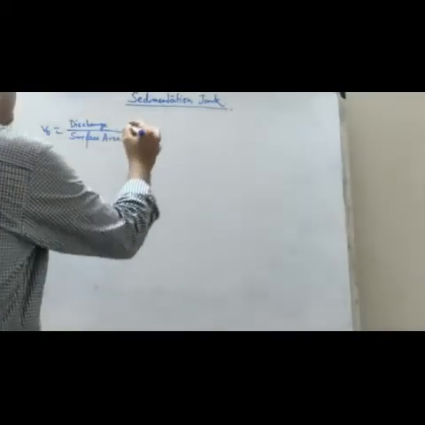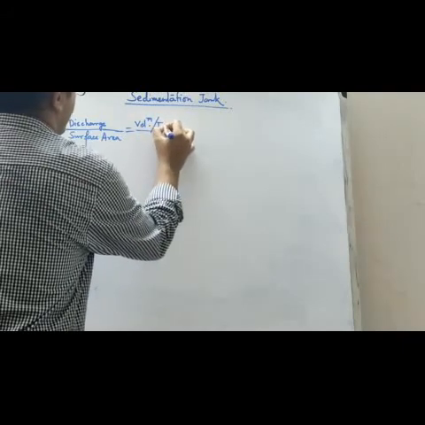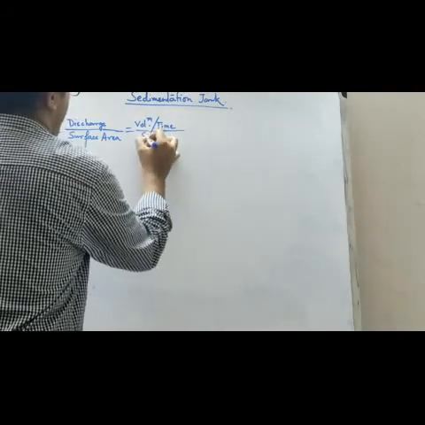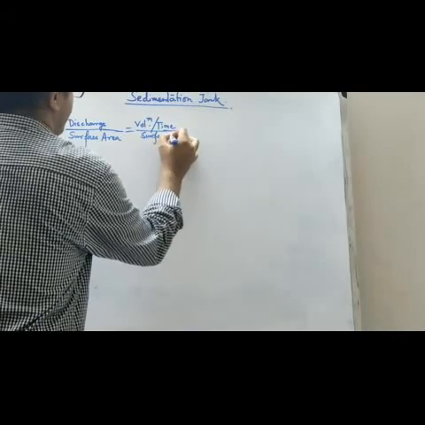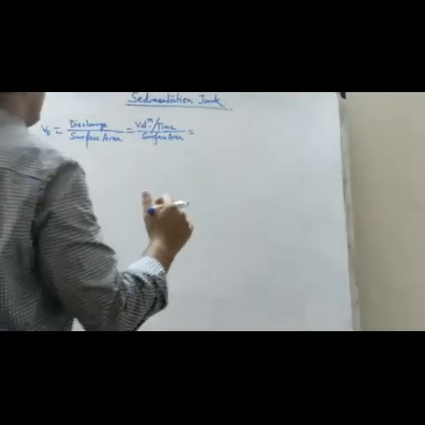Discharge means volume by time, so V0 is volume by time by surface area. Now the volume is surface area into the depth of the sedimentation tank.